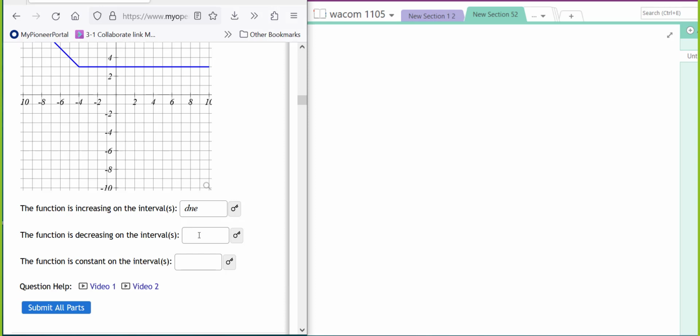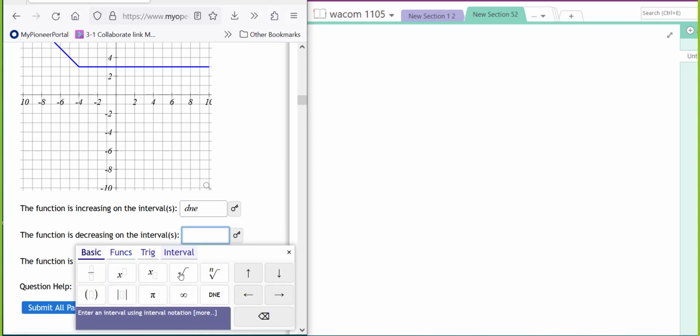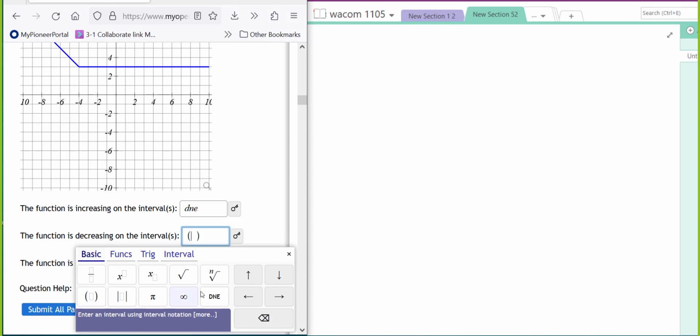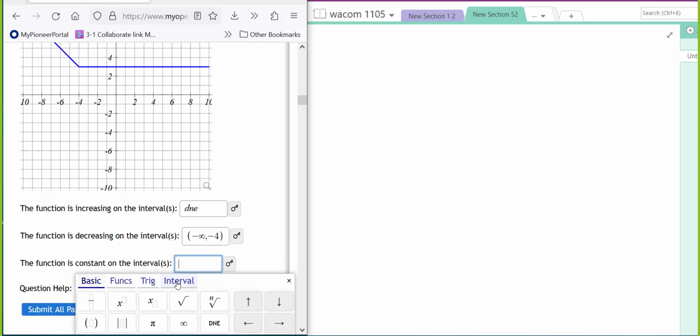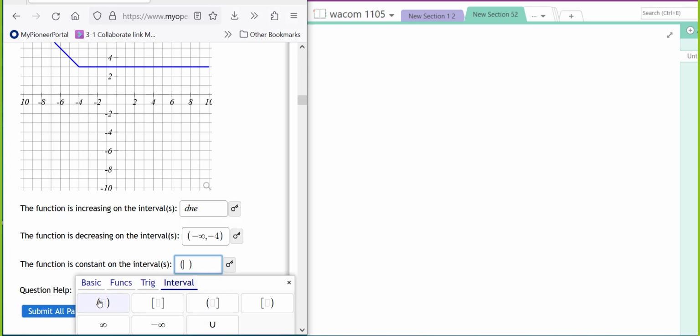It is decreasing from negative infinity to -4. It is constant from -4 to infinity.